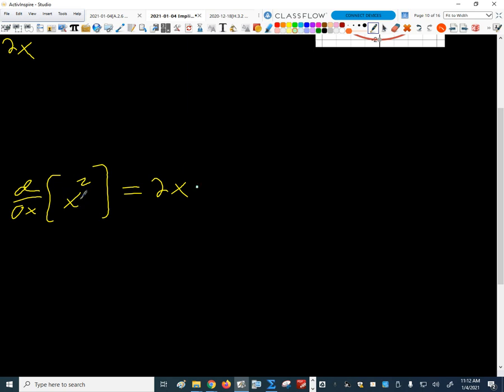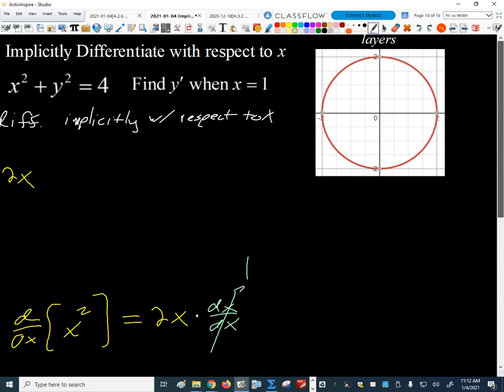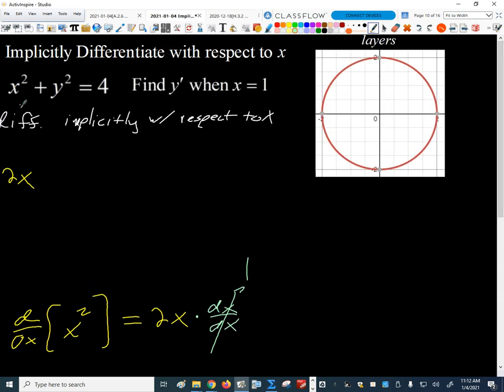Well, the derivative of x with respect to x is just 1. So there's really no reason to apply the chain rule there because we're differentiating with respect to x, and it's a function of x. But we could if we really wanted to. Just kind of a waste of time. So that's going to give us 2x.